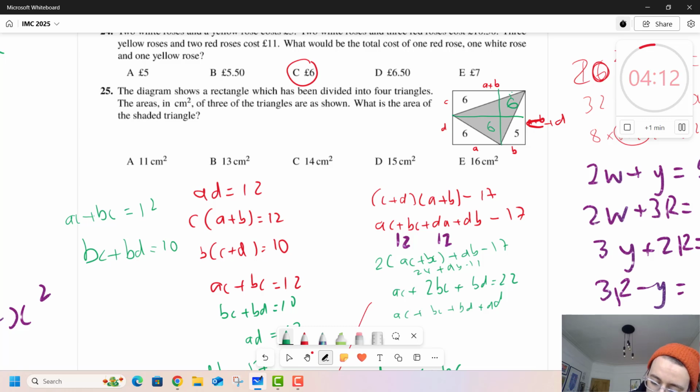What I'm looking for is the whole area, which is A plus B times C plus D, but then I'm trying to get rid of 17. So that's AC plus BC plus BD plus AD minus 17. Oh, I've only got 3 minutes.